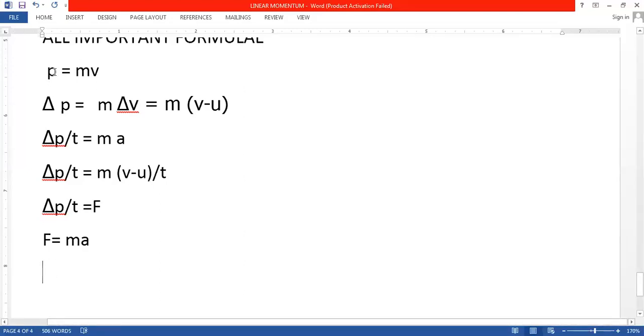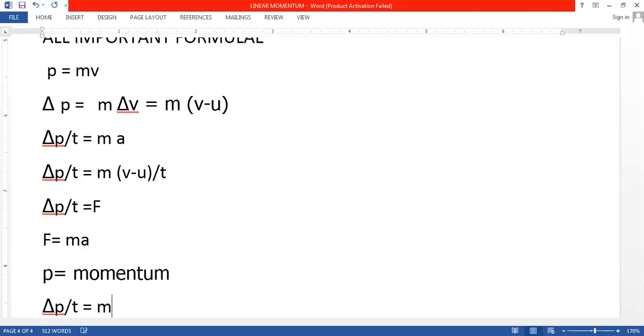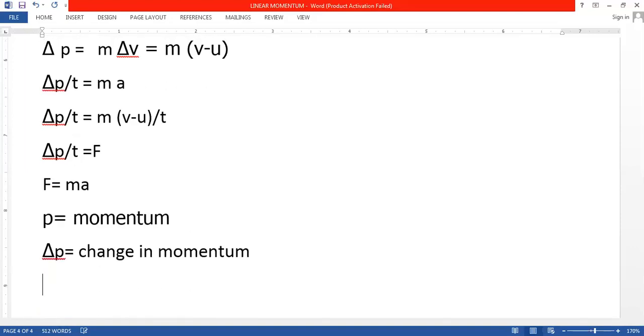Please remember, what is P here? Momentum. Very good. P is equal to momentum. Then what is delta P? Change in momentum. What is U? Initial velocity.